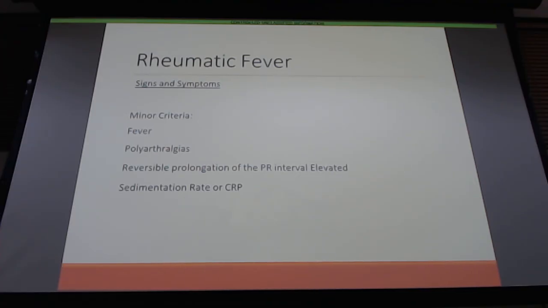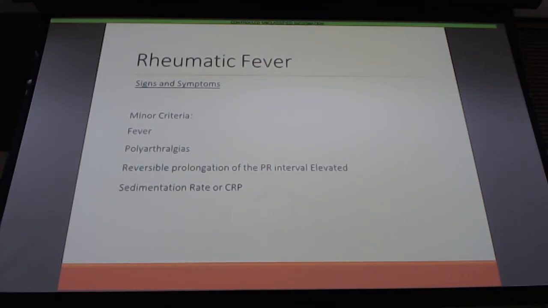If I have carditis, I can't use a prolongation of PR interval. I have to use one of the other three minor criteria. If I have polyarthritis, I can't use polyarthralgia. It has to be something other than the system that you're already using. That is the only caveat when we're looking at whether or not they fit the Jones criteria. So 2 major or 1 major and 2 minor. Clear as mud?